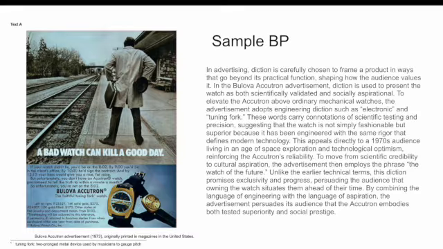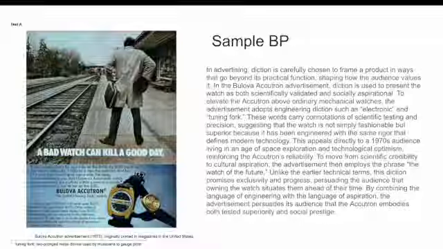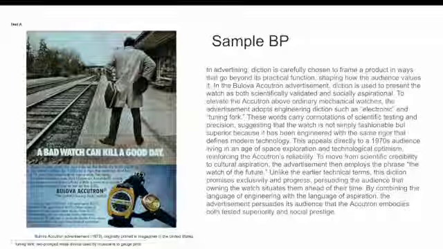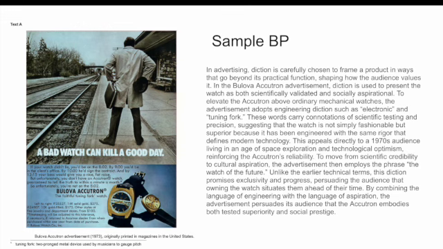In the Bulova Accutron advertisement, diction is used to present the watch as both scientifically validated and socially aspirational. To elevate the Accutron above ordinary mechanical watches, the advertisement adopts engineering diction, such as electronic and tuning fork. These words carry connotations of scientific testing and precision, suggesting that the watch is not simply fashionable but superior because it has been engineered with the same rigor that defines modern technology.